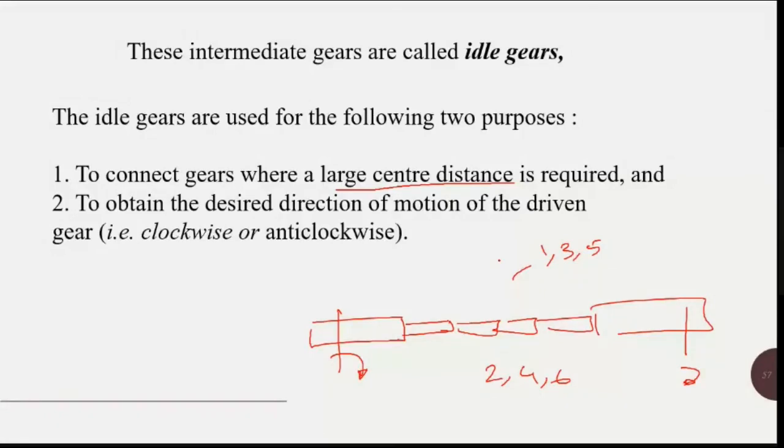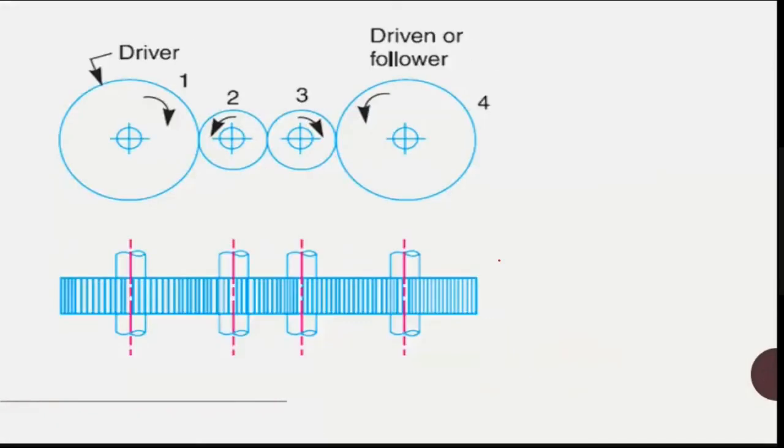Okay, next. Can you tell me what is the formula for this particular diagram? What will the speed ratio be? N1 by N4 is equal to T4 by T1.